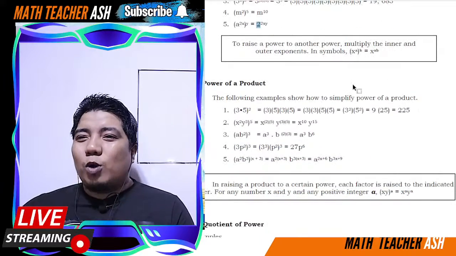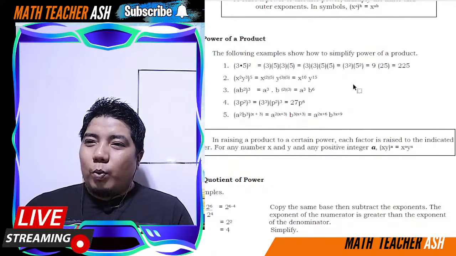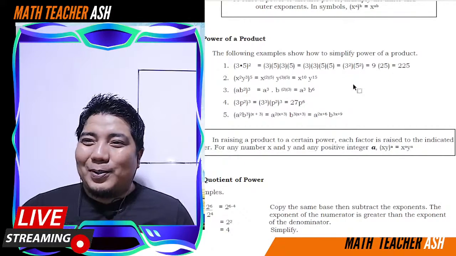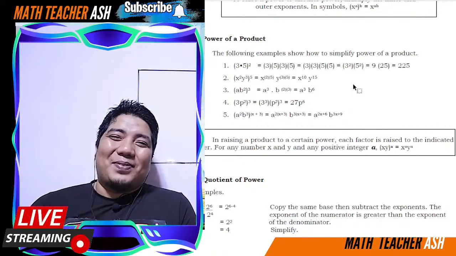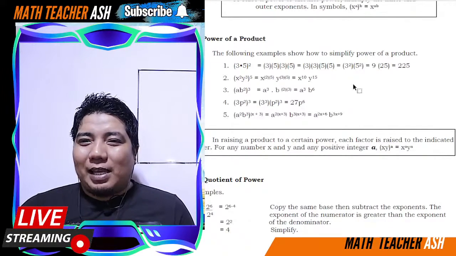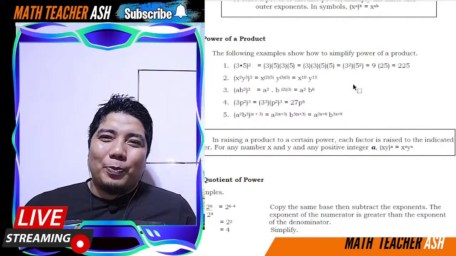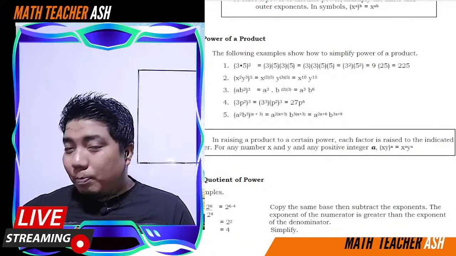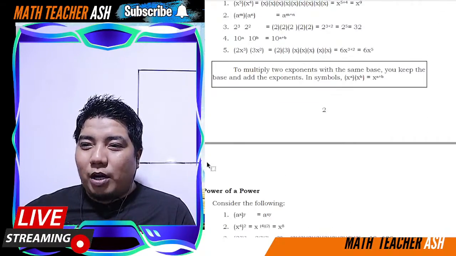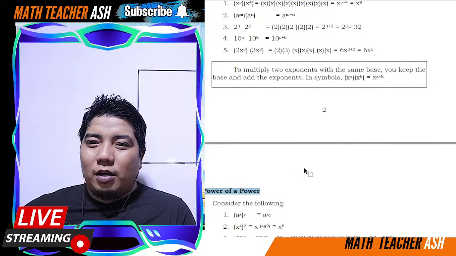Okay, now going to letter C, which is the power of a product. Power of a product is basically the combination of the product of a power and power of a power.